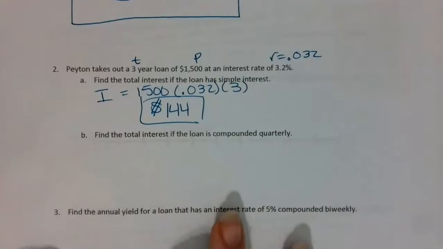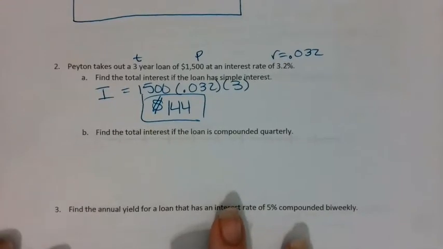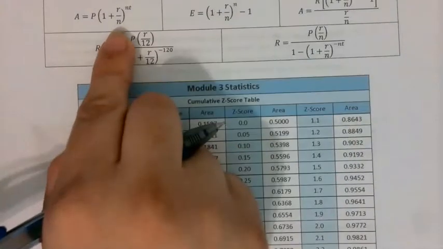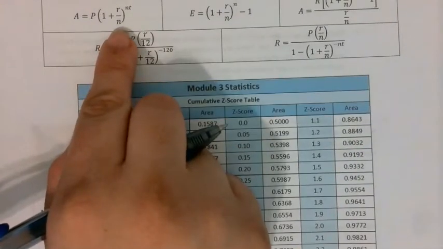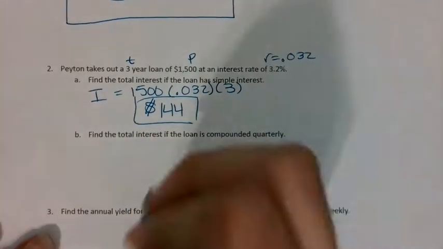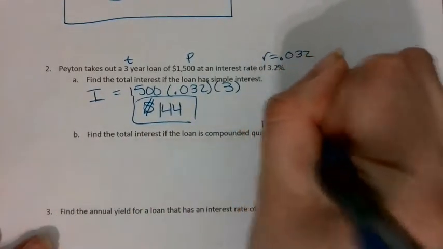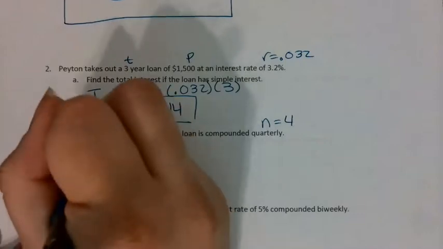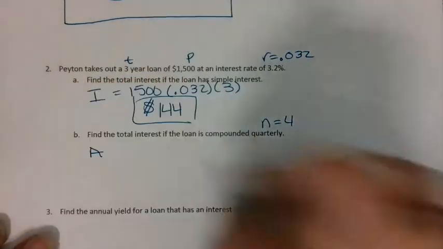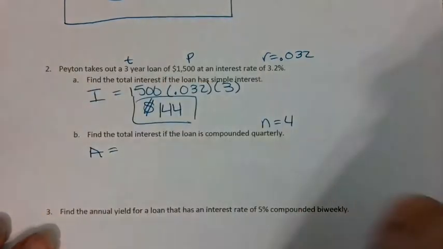Okay. I want to find the total interest if it's compounded quarterly. My pages aren't stapled together, so the compounding formula right here, A equals P times 1 plus R over N to the NT. So my quarterly is my N. A is the total amount, so that'll be important to pay attention to.